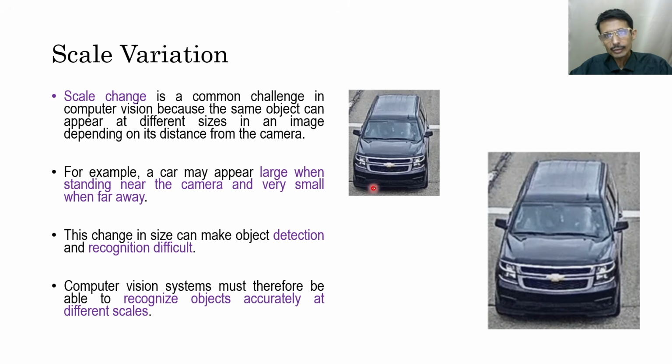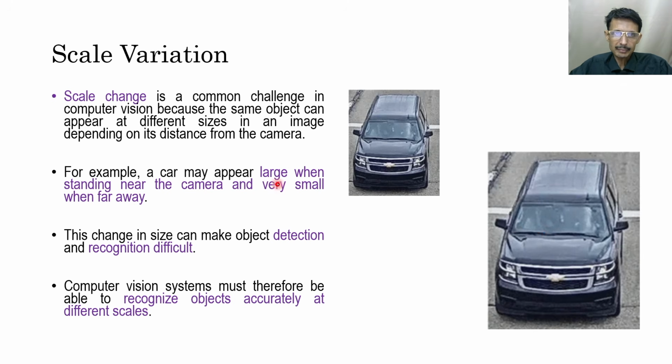When a car is very close to the camera, it looks bigger. But when a car is at a distance, it looks definitely smaller. Here the viewpoint is the same, but it looks different. Even with this scale variation, our model should understand that these two objects are the same object.